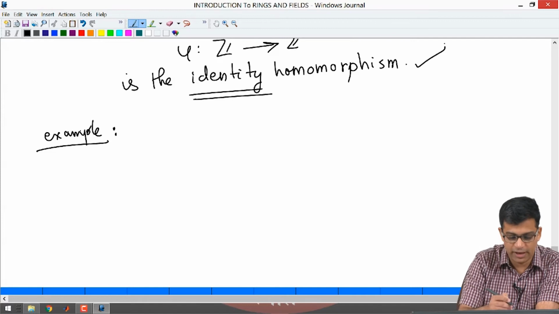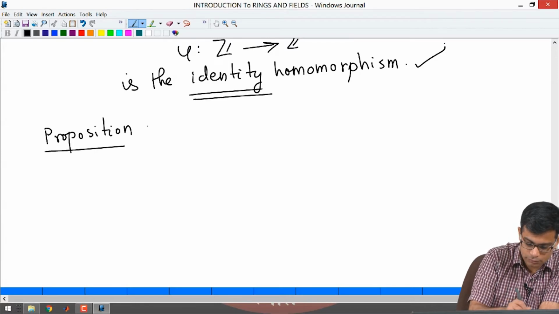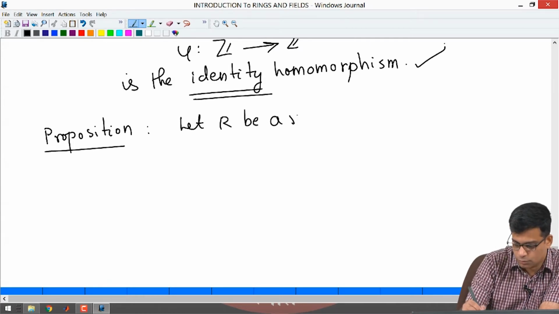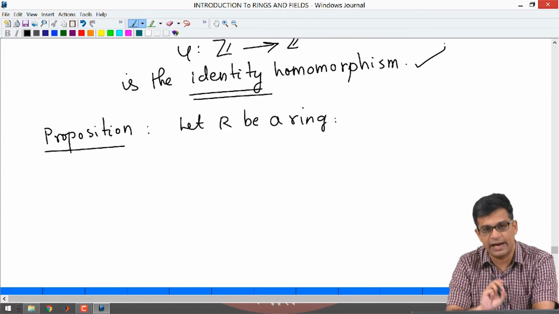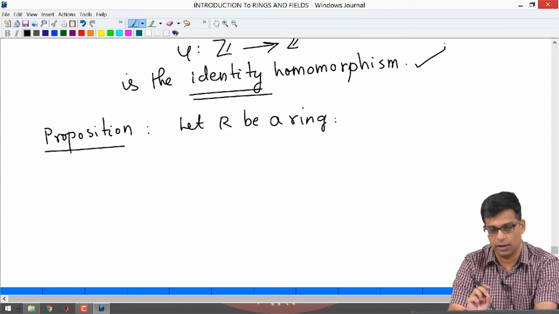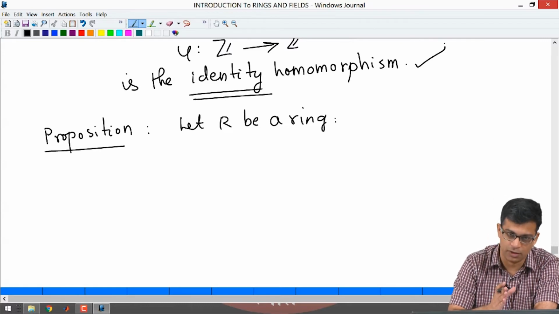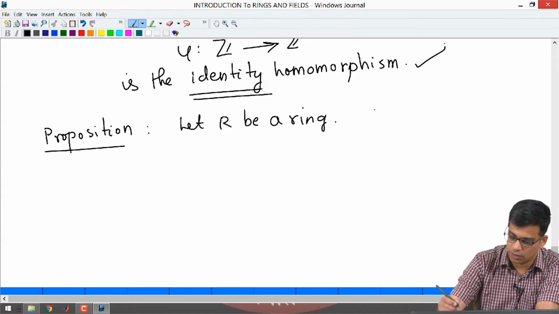Okay. So, this is really a proposition. Let R be a ring. The previous example said that there is exactly one homomorphism from Z to Z, namely the identity map. Now, if you replace Z by any ring R and look at homomorphisms from integers to R, the same idea as before shows that there is exactly one homomorphism.